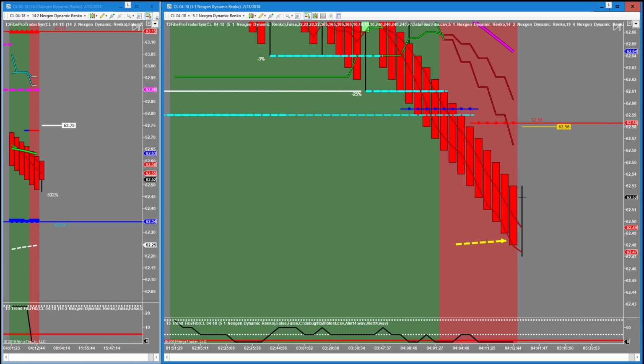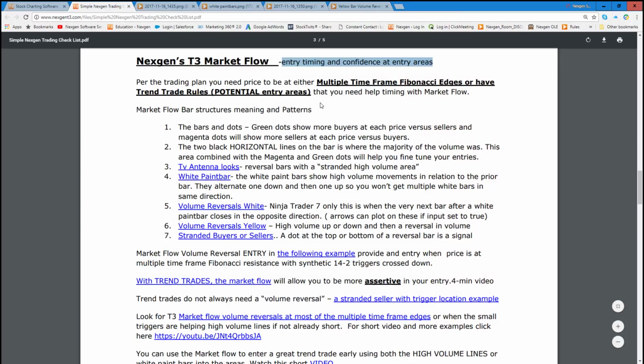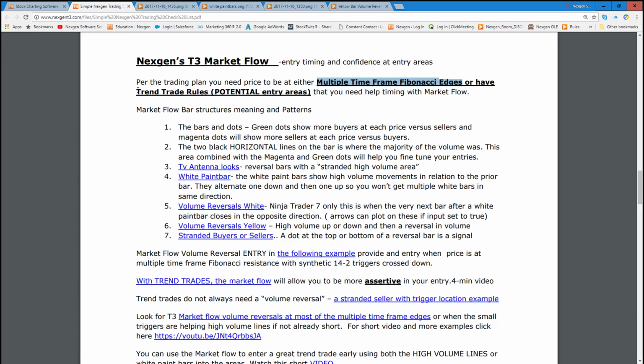And once we actually have the rules met for a trade, the market flow should, for all intents and purposes, be ignored unless we have fibs that are supposed to hold for sure based on our trigger line and divergence reading, or we have a very strong trend with an entry area.